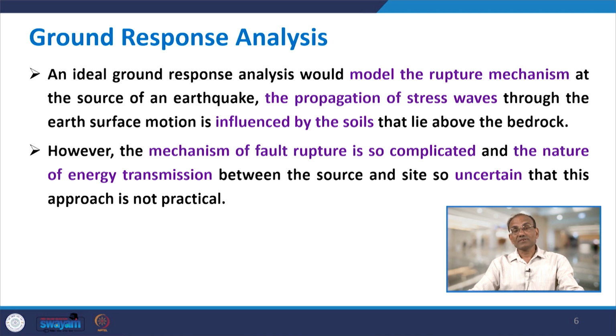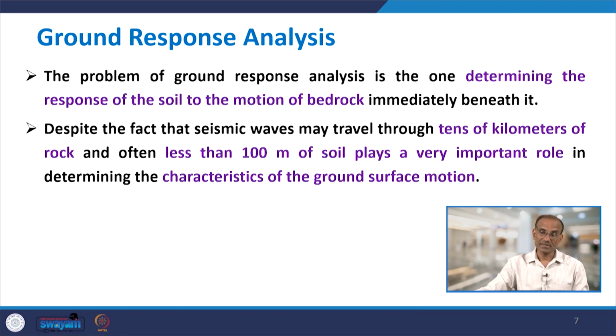In general we should consider starting from the source itself, but the mechanism of fault rupture is very complicated and the nature of the energy transmitted between the source and the site is so uncertain that this approach is not practical in GRA. So, what we do here?